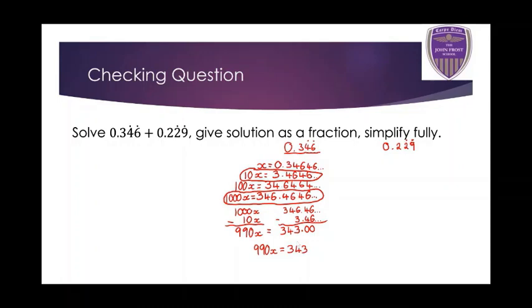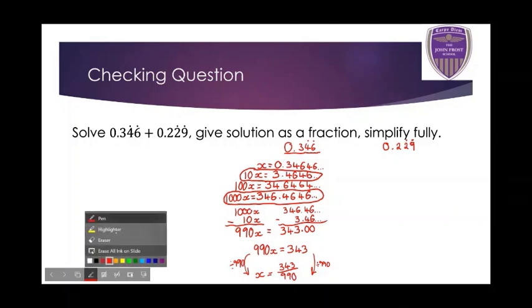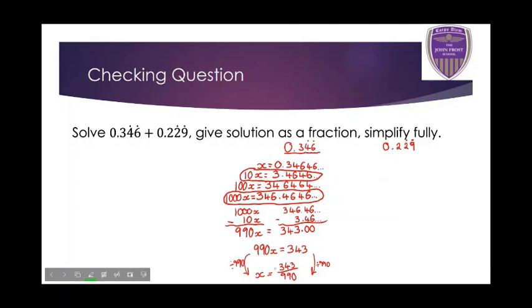And then finally, to find out the fraction, we need to divide both of these numbers by 990. So that gives us x is equal to 343 over 990. Okay, so this is our first part of our answer.